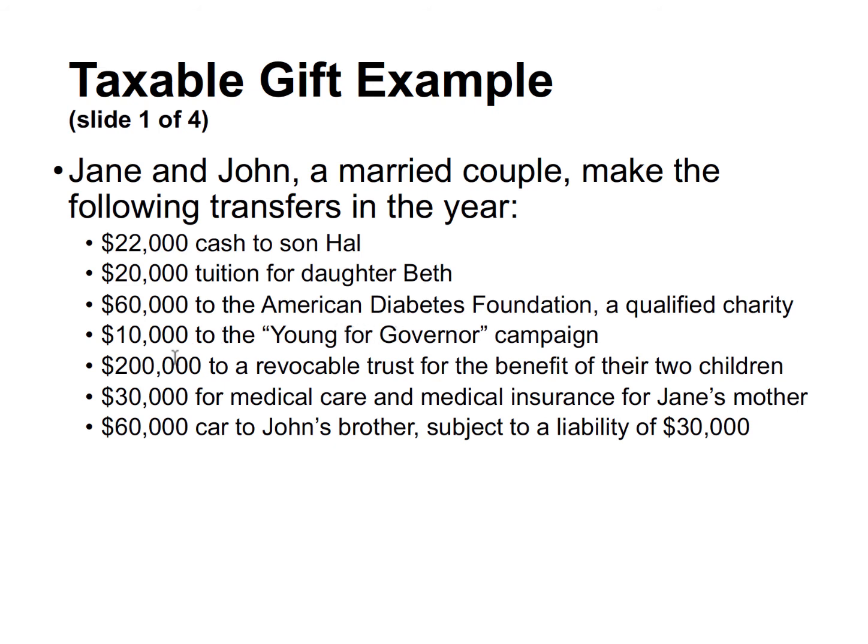We saw that. $200,000 to a revocable trust for the benefit of their two children, revocable meaning the trust can be revoked at any time by Jane and John, who are probably on that trust, so they can revoke. $30,000 for medical care, and a $60,000 car to John's brother.